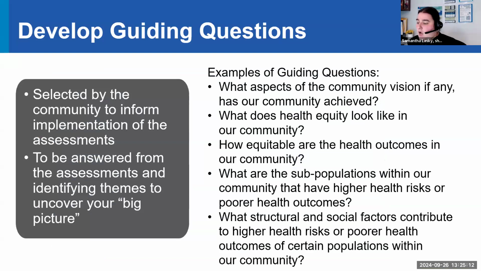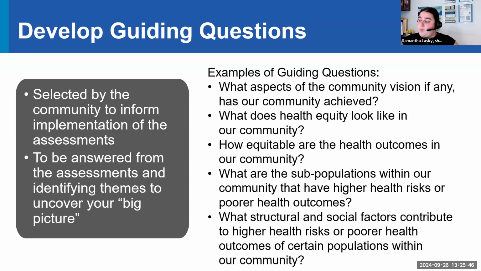This part of the steps includes developing guiding questions. Guiding questions are selected by the community to inform the implementation of the assessments, and they are hopefully answered from the assessments and from identifying themes to uncover your big picture of your community health assessment. They inform all three assessments, like a research project or an evaluation.